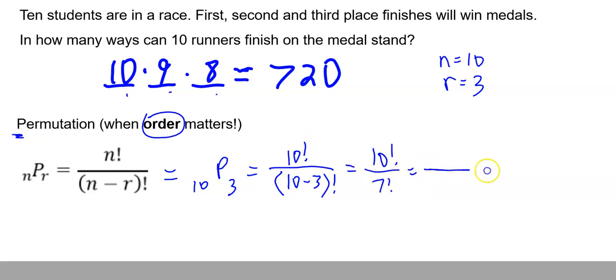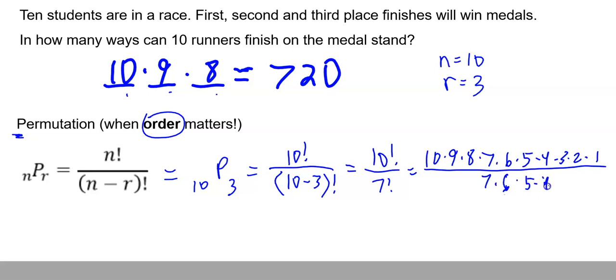Now, you could actually do this by hand, I think, or pretty close to it. 10 times 9 times 8 times 7 times 6 times 5 times 4 times 3 times 2 times 1. And 7 factorial will be 7 times 6 times 5 times 4 times 3 times 2 times 1.